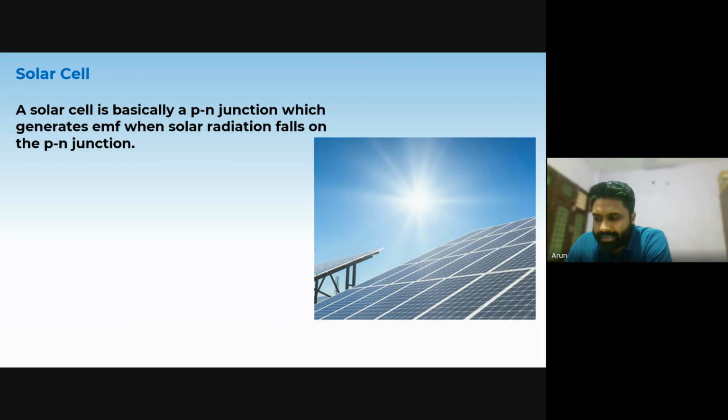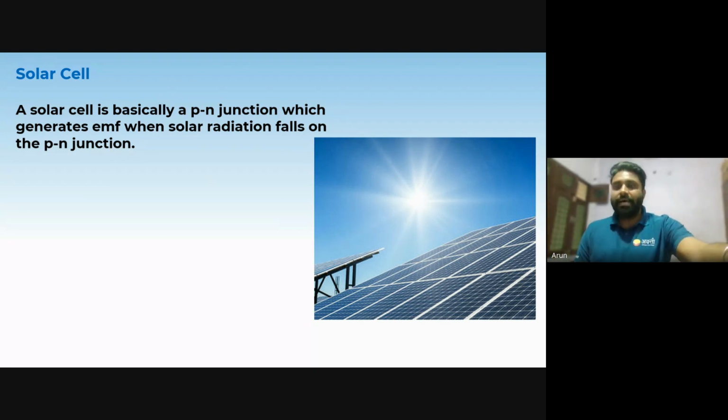Now the solar cell that we are talking about. A solar cell is also a special p-n junction diode which generates EMF. Till now what we have studied is that for a diode, we have to provide an external voltage and then the diode will work. But in the solar cell p-n junction diode, what is happening?